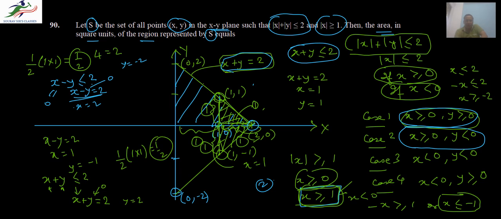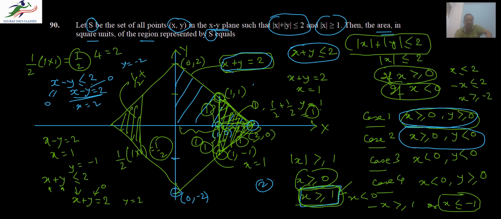So we get the area of this triangle as half plus half, which is equal to 1. And similarly, you can do it yourself. You can see that on the other side you will get this triangle, which will give you half plus half equal to 1. So therefore 1 plus 1 is the total area bounded by these inequalities. So the answer would be 2.